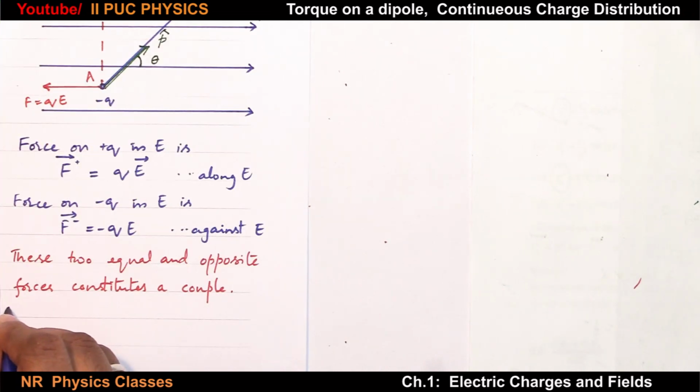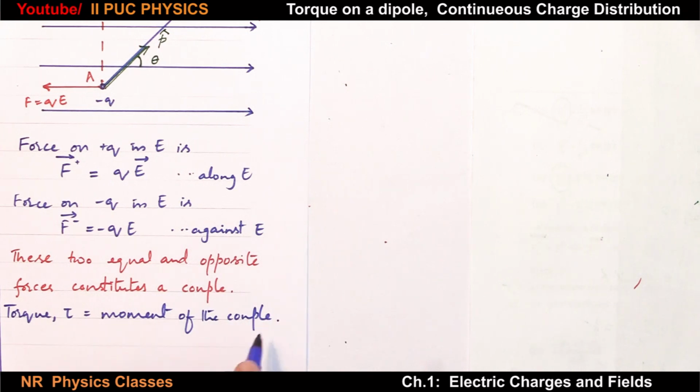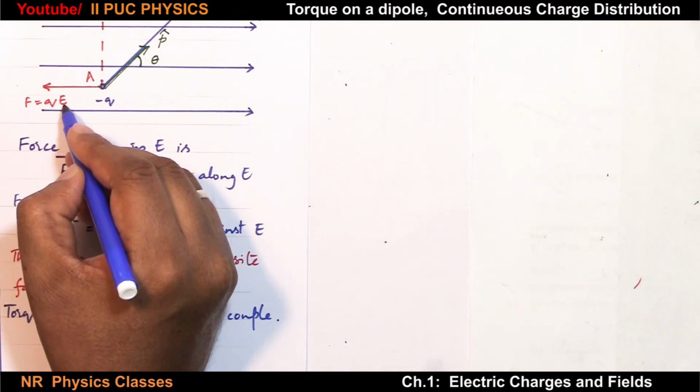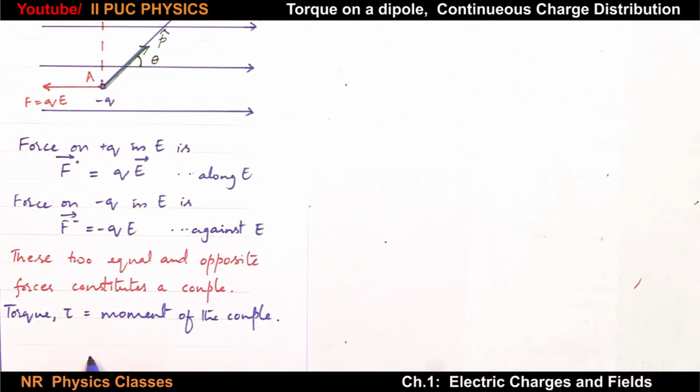Therefore, torque tau is the moment of the couple. Moment of the couple is force into perpendicular distance. The magnitude of each force is Q into E. The shortest distance between the forces is AB.